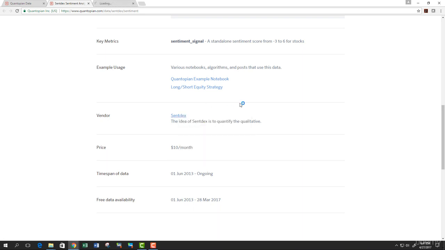So if we visit Sentdex, the price is very reasonable. In fact, it's unbelievable how little they're offering these data sets for. If you go around and research some of the providers for sentiment data, they are substantially more expensive than this on a monthly basis. The time span goes back to 2013, and the data that's freely available is 1st June 2013 until 28th of March 2017.